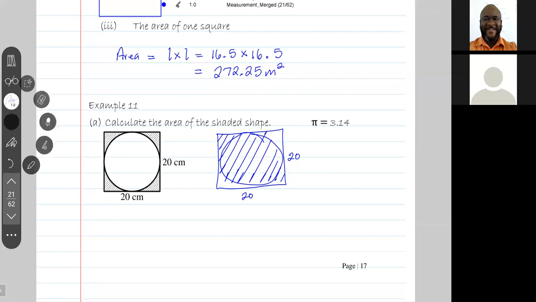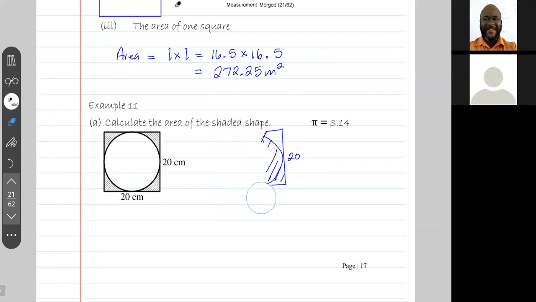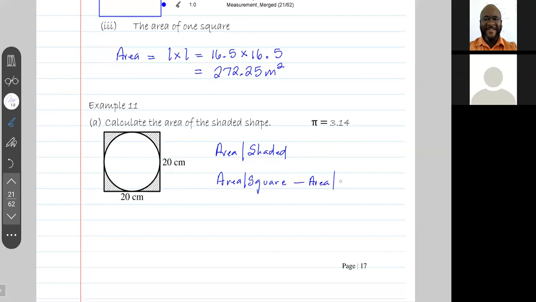So in a scenario like this, the area of the shaded would be the area of the square minus the area of the circle.